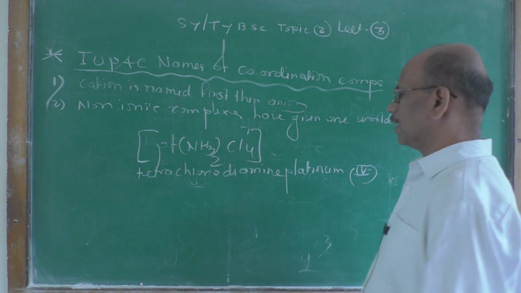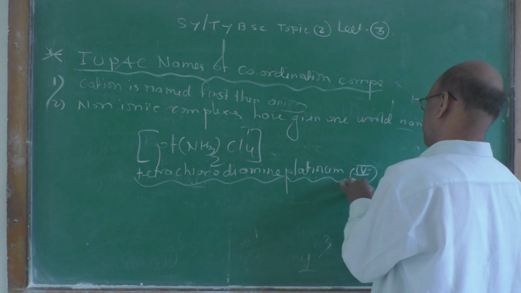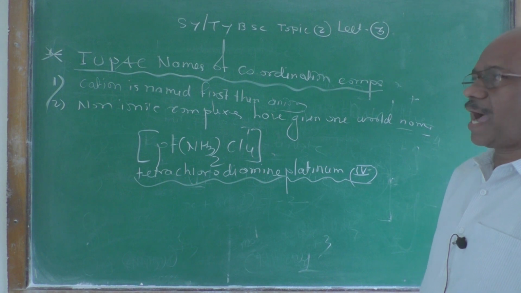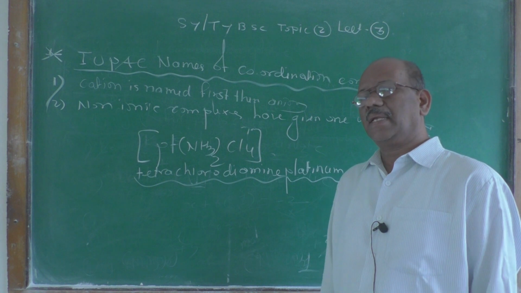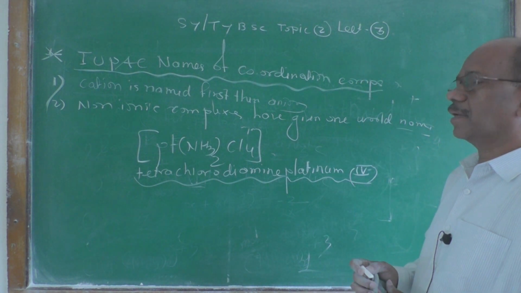So a one word name is given: tetrachlorodiammineplatinum(IV). Means if ionization of that complex does not occur, then a one word name is given. So it is the second rule.